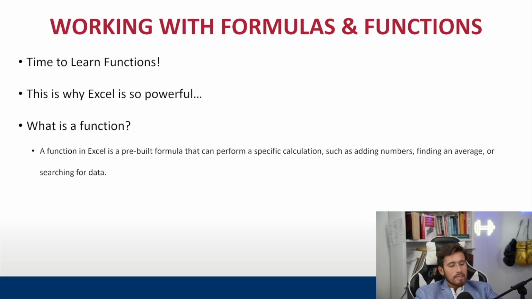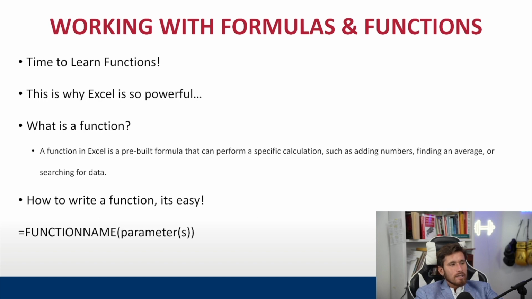Now, this list is not exhaustive of the many more types of functions that are built into Excel, but this is a good starting point. How to write a function? It's easy. You'll write the function name, and then you'll feed it some parameter or parameters. Parameter is just a fancy term for what the function needs to calculate the actual formula.